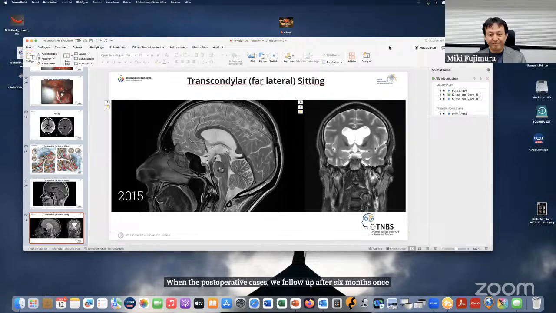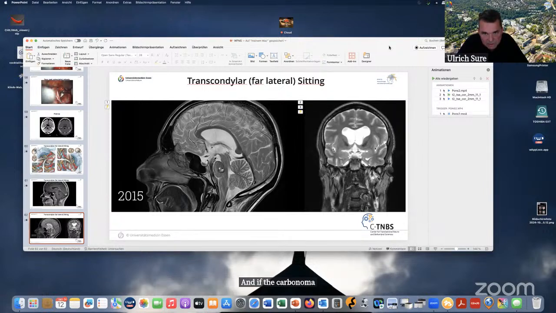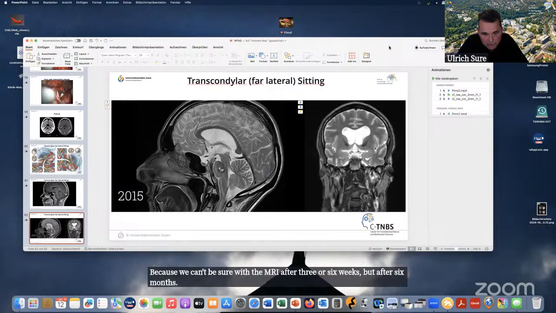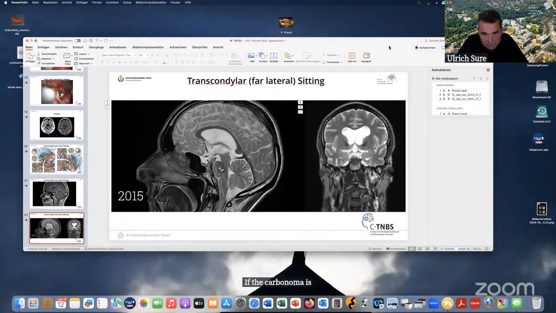And if the cavernoma is removed completely after 6 months, it doesn't make sense to do it 3 or 6 weeks after that, because we can't be sure with the MRI after 3 or 6 weeks. But after 6 months, if the cavernoma is removed, that's it. No more follow-up.